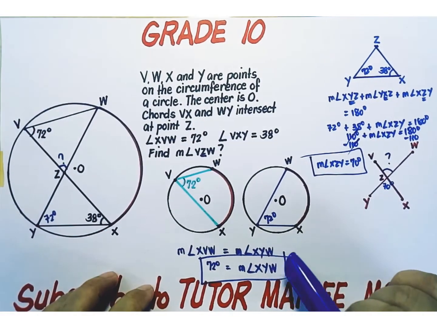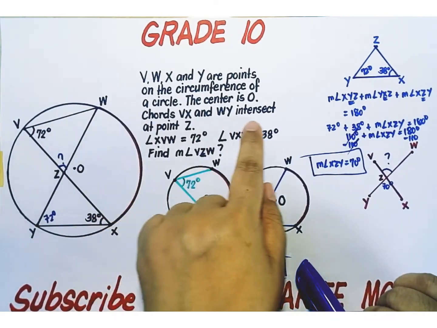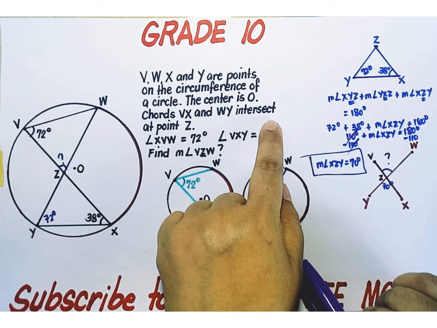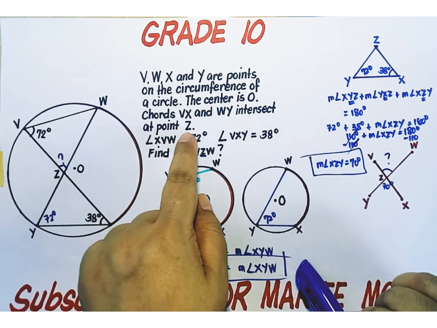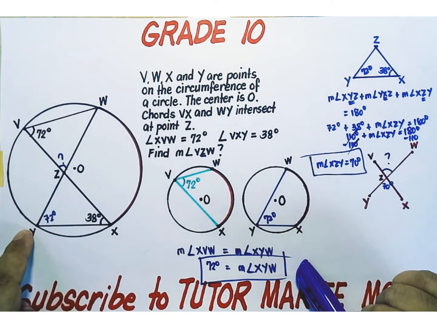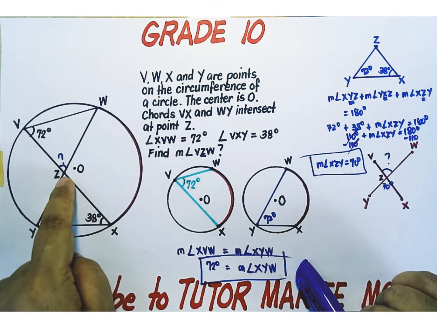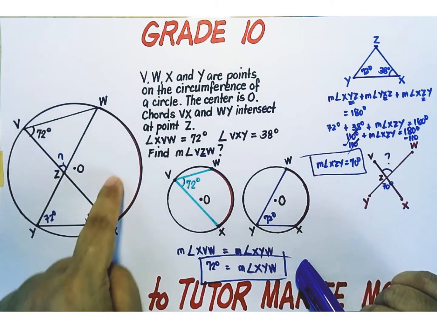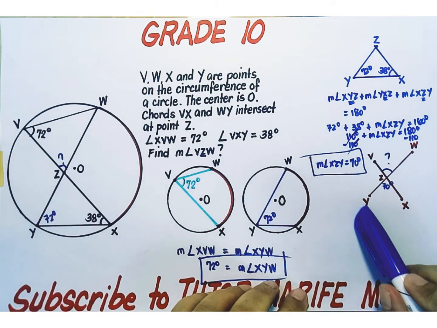For our final step, let's use the given statement, chords VX and WY intersect at point Z. These are the two intersecting chords, and this is the point of intersection. I have drawn these two intersecting chords separately. This is the figure.